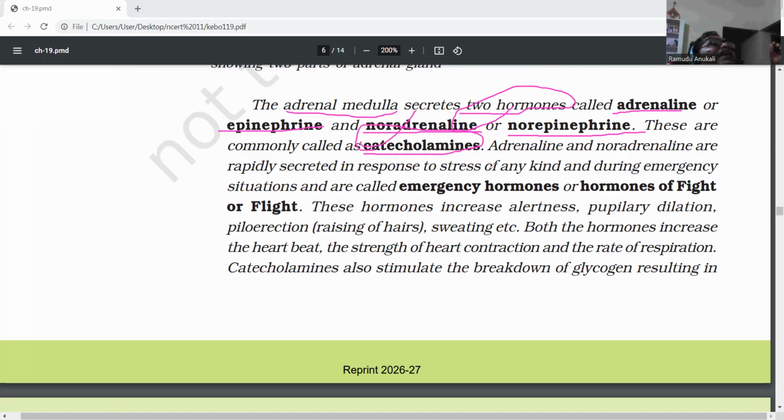Catecholamines. Adrenaline and noradrenaline are rapidly secreted in response to stress of any kind, during emergency situations, and are called emergency hormones or hormones of fight or flight.